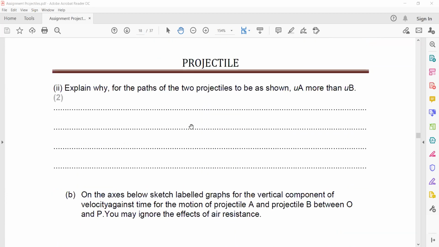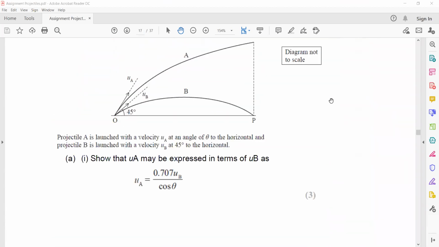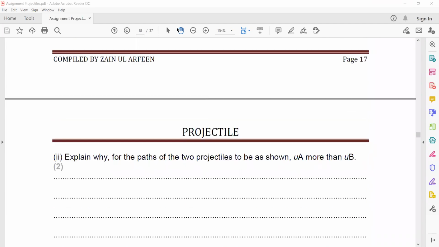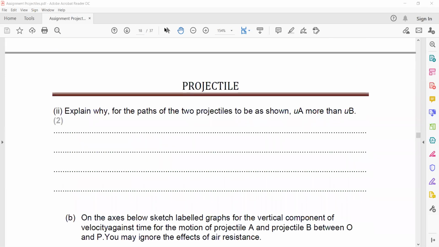In the second part: explain why, for the paths of the two projectiles as shown, UA is more than UB. Look, both have the same range. If two objects have the same range, what is the formula for range?